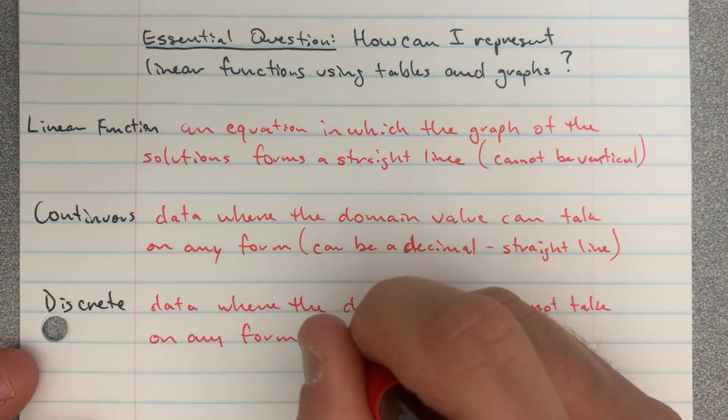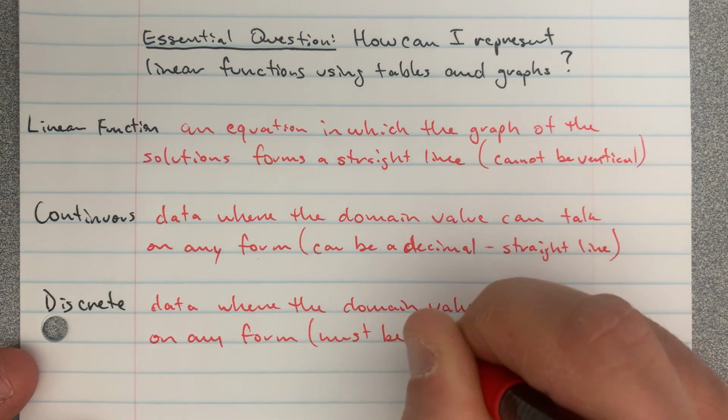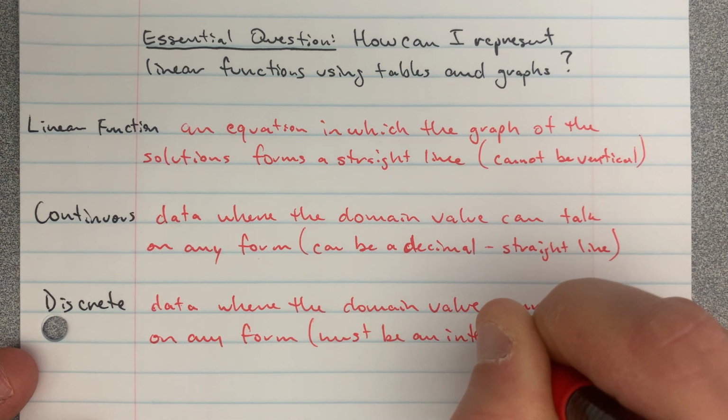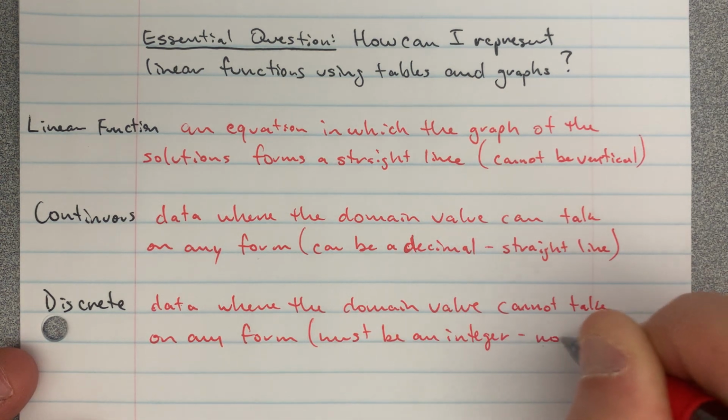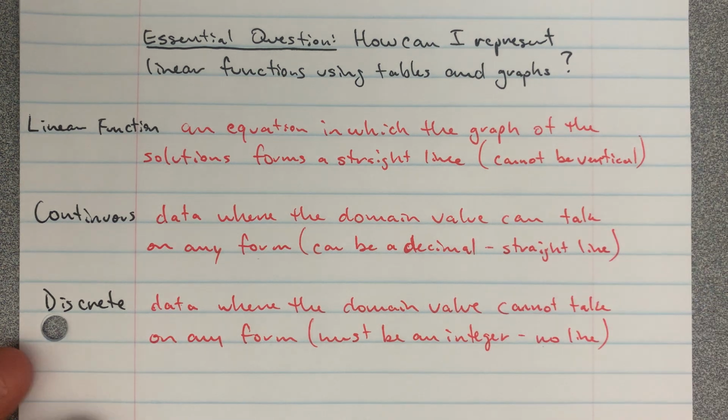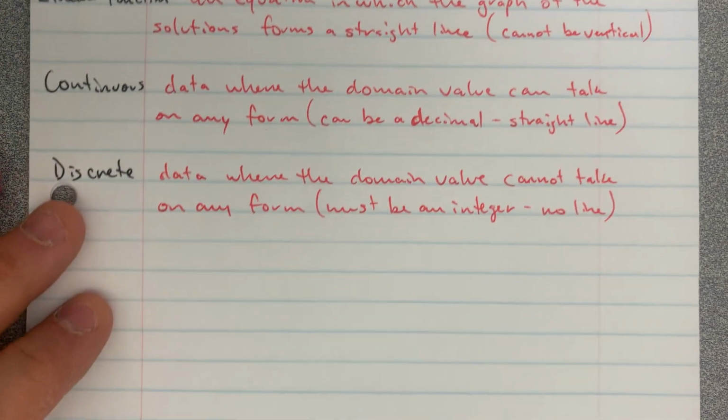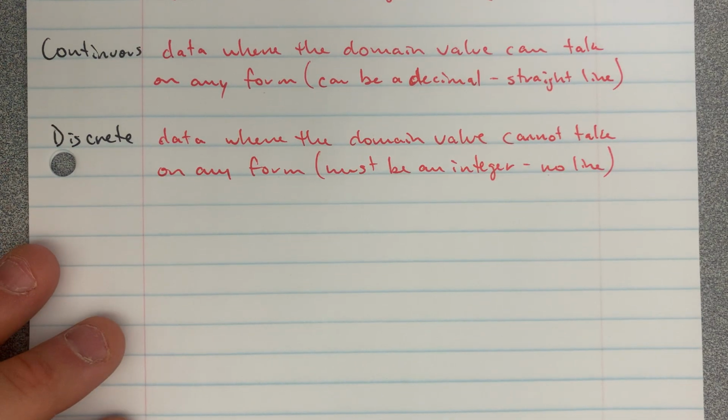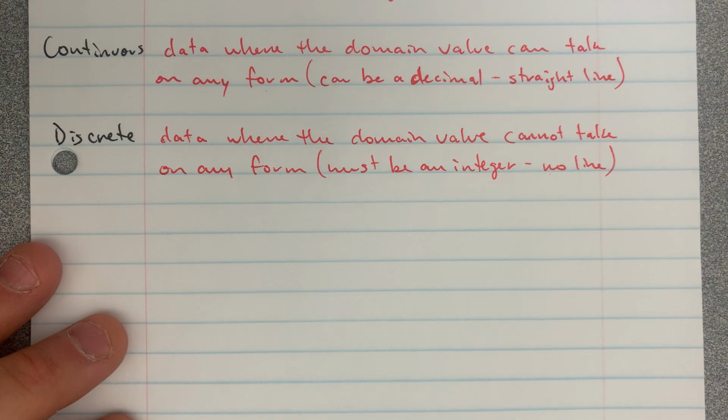So it must be an integer. And for this, we don't have a line. We just have our dots or our points representing the information. Okay? So I'll kind of explain what that means here in our first example.